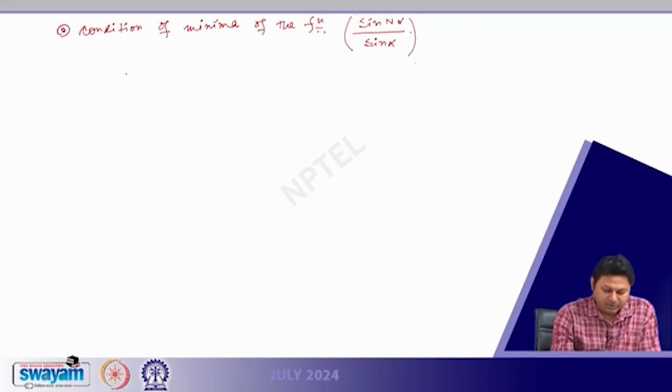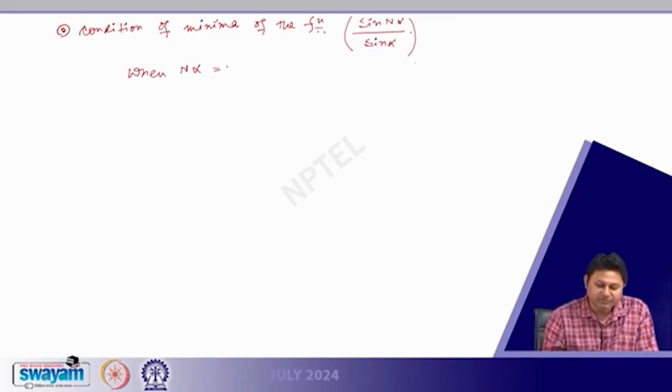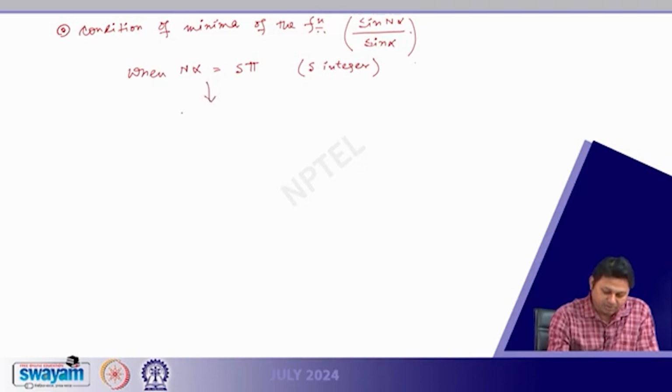So, it is interesting to note that this function vanishes when n alpha is equal to some integer s pi, where s is some integer. Under that condition, sin n alpha will vanish, but there is a restriction over s.